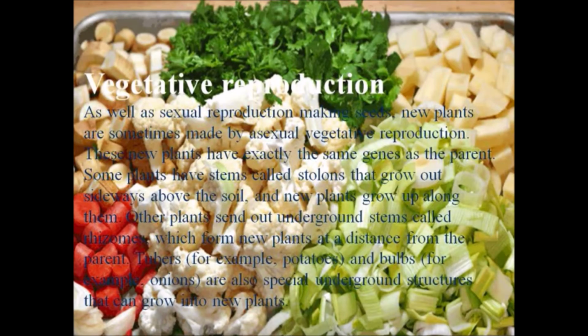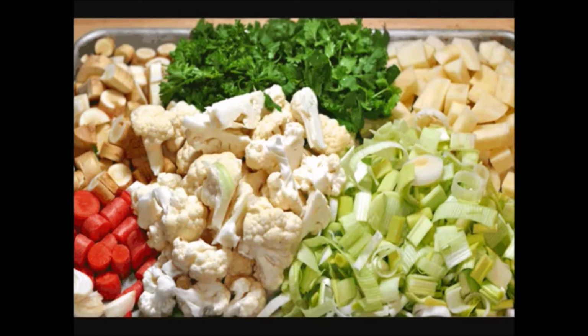Vegetative reproduction. As well as sexual reproduction, making seeds, new plants are sometimes made by asexual vegetative reproduction. These new plants have exactly the same genes as the parent. Some plants have stems called stolons that grow out sideways above the soil, and new plants grow up along with them.